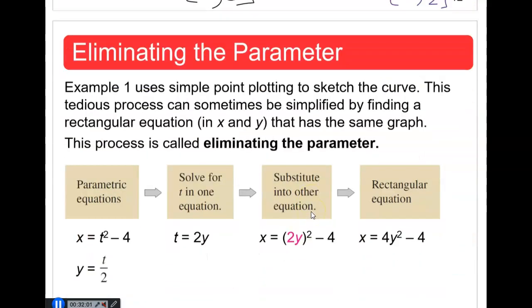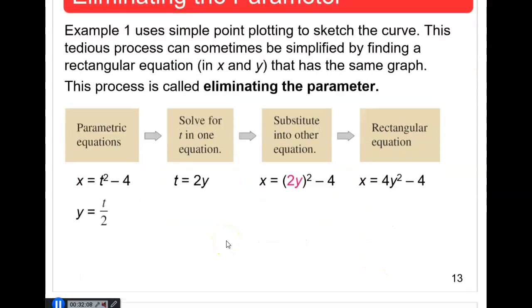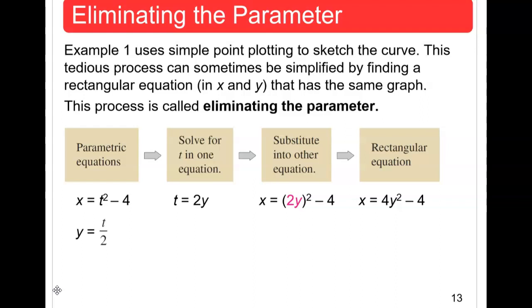So right here, how do we eliminate a parameter? We're going to use the same equations that came from example 1, so that you see how this will happen. As we saw with example 1, the way to find each point was a little lengthy, because we had to find x and then find y based on whatever value for t.